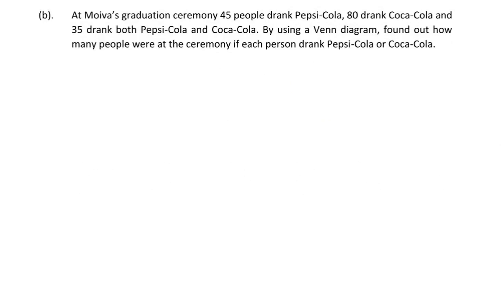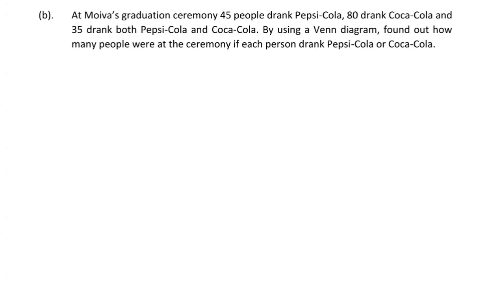Okay, so for part B of the question, at Moiva's graduation ceremony, 45 people drank Pepsi, 80 drank Coca-Cola, and 35 drank both Pepsi-Cola and Coca-Cola. Okay, by using a Venn diagram, we are supposed to find how many people were at the ceremony if each person drank Pepsi-Cola or Coca-Cola.